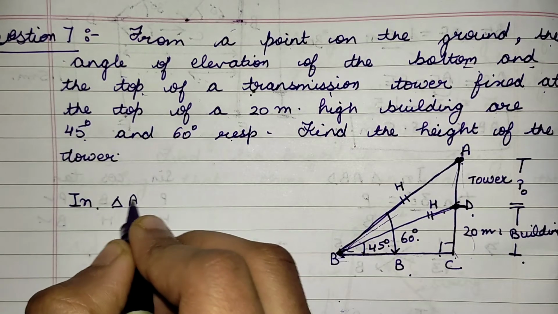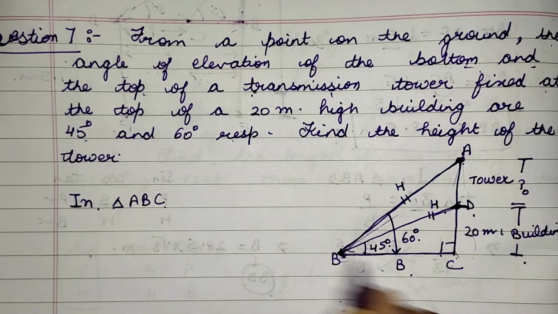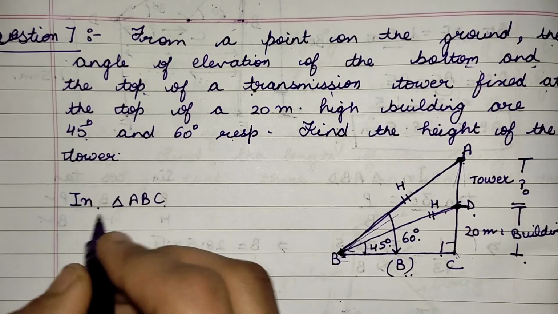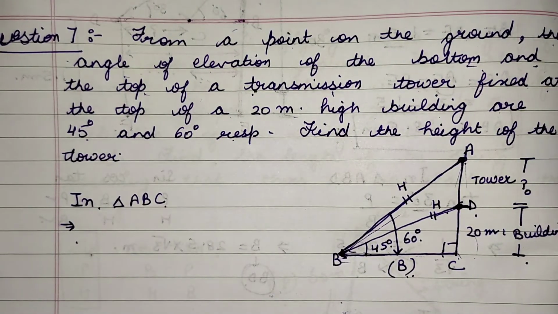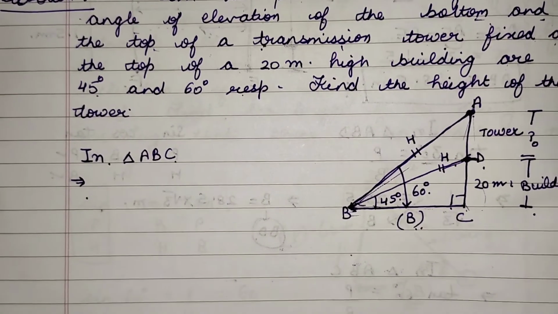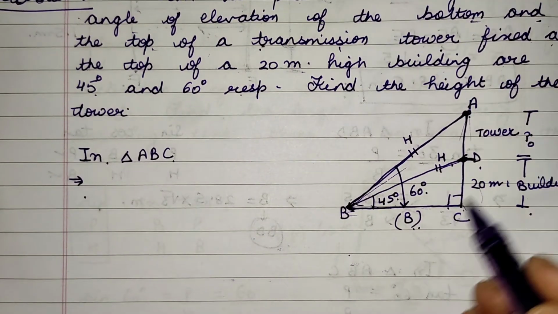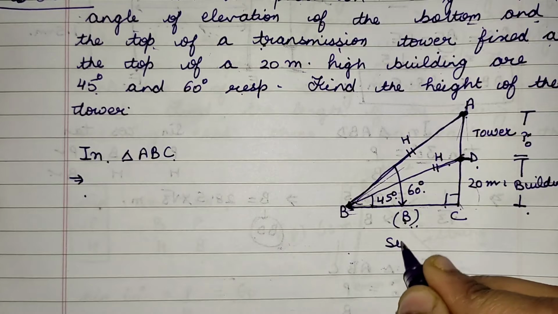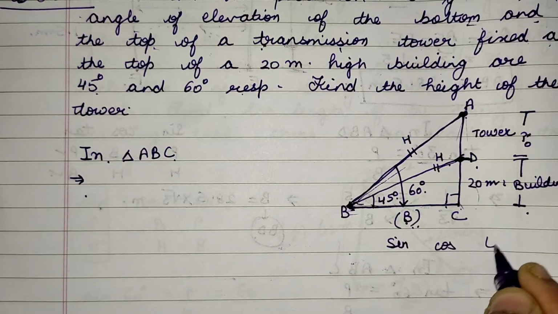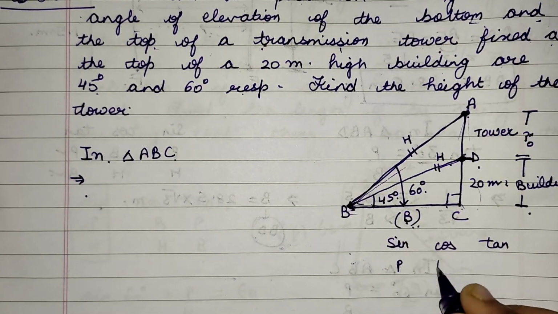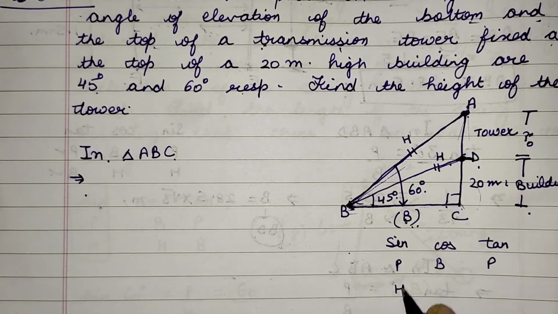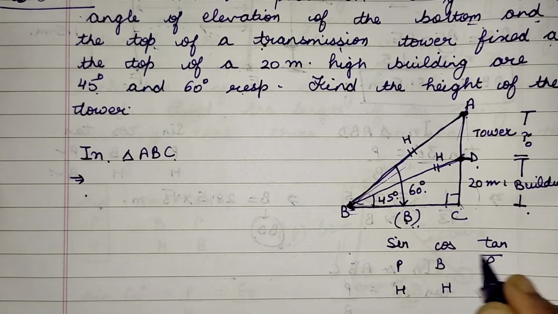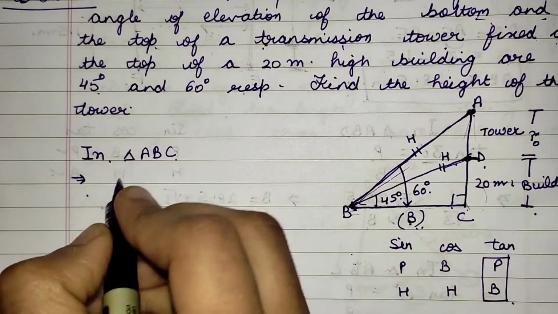In triangle ABC, I have to find out the relation between the perpendicular and the base. So which trigonometric ratio will give me this relation? You know that tan theta gives us the relation between perpendicular and the base.